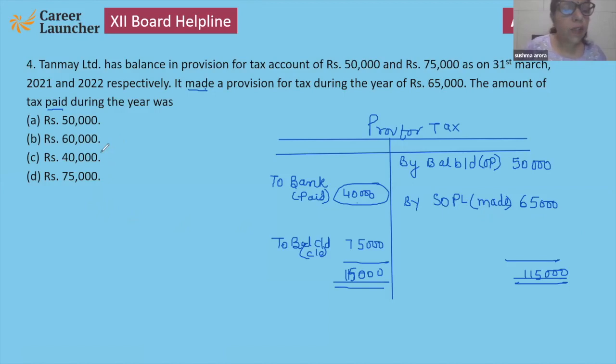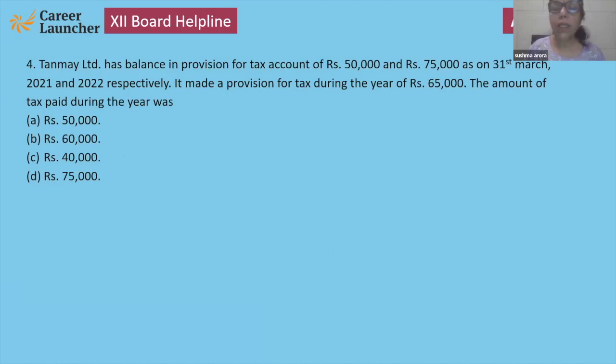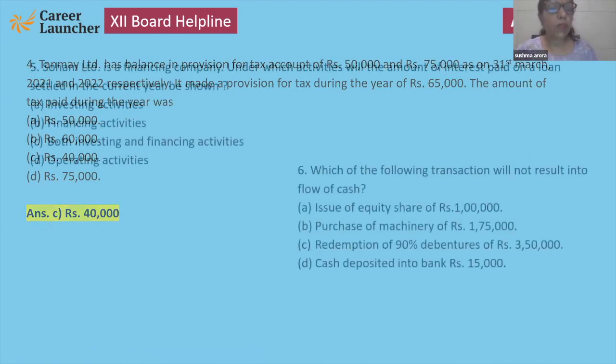So your answer will be 40,000 because they are asking about paid. Made already given. Next question.